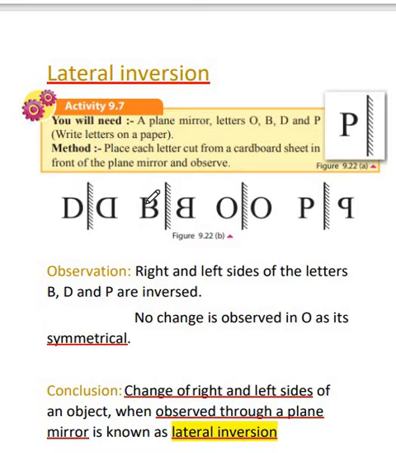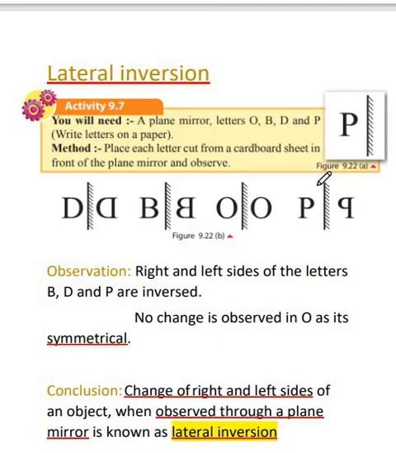So B over here is the object which you will be showing to the mirror, and this will be the image of B. O will look like this, P will look like this. Now you can observe that in D, B, P, the left and the right sides have been switched.